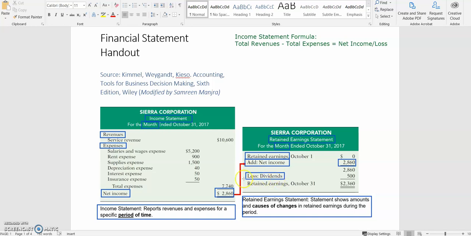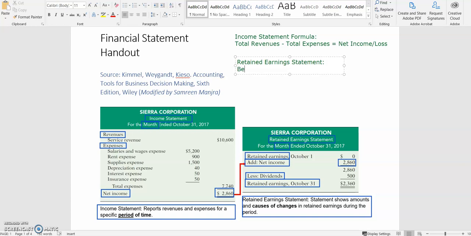The last part of this statement is our ending retained earnings. So our ending retained earnings is for the end of the period. So now we're going to write down the formula for the retained earnings statement.